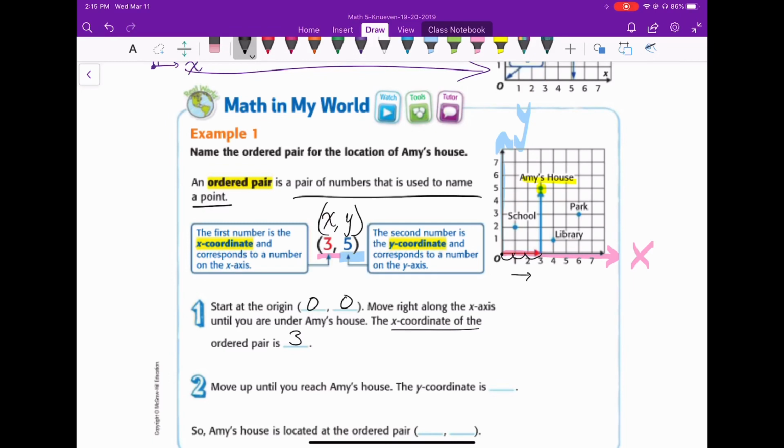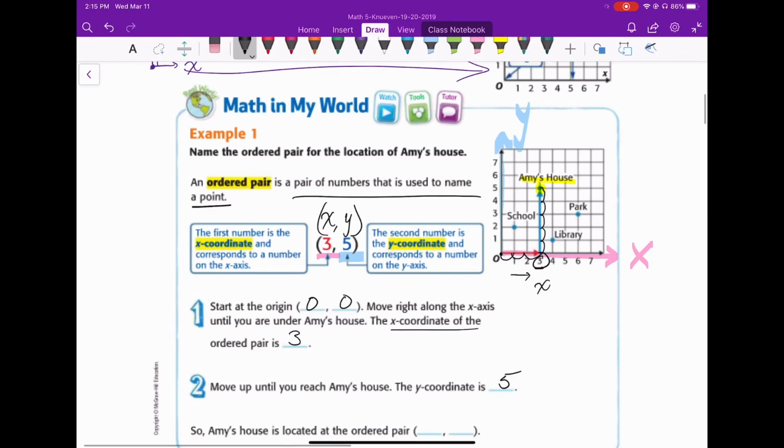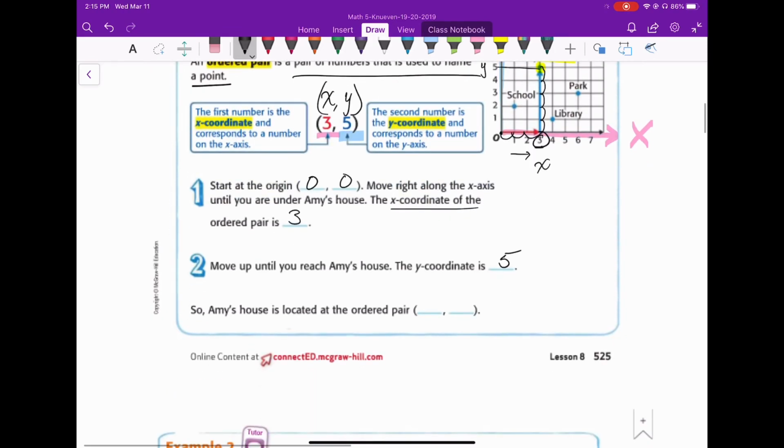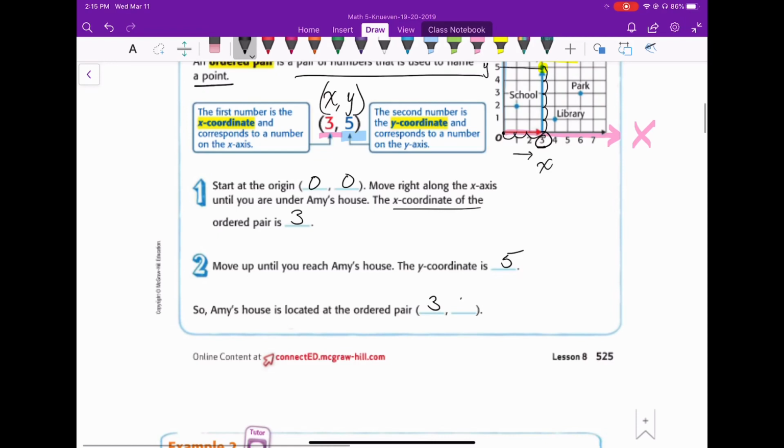Then we're going to move up to get to Amy's house, where that point is. So we're going to go 1, 2, 3, 4, 5. So the y-coordinate is 5. And we could identify where that matches at 3 here for our x, and then it matches at the 5, which is the y. So Amy's house is located at the ordered pair 3, comma 5.